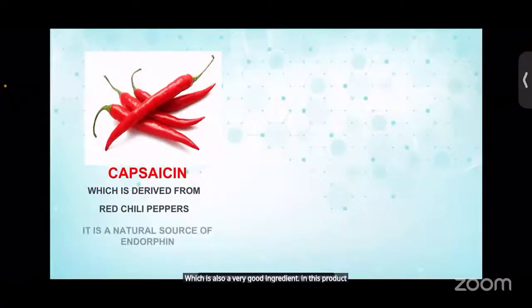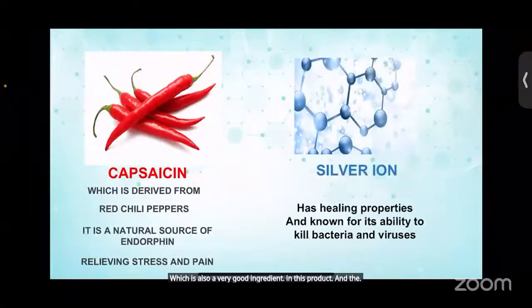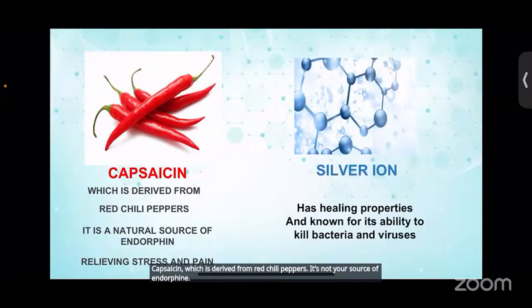And more ingredients, just as you can see, we have this one, capsaicin, which is derived from red chili peppers. It's a natural source of endorphin, and it relieves stress and pain. All these ingredients are in what? They're in Care Leaf.